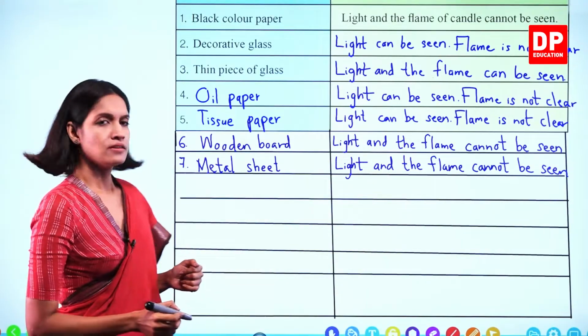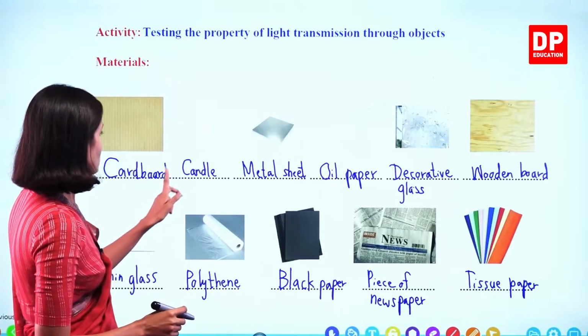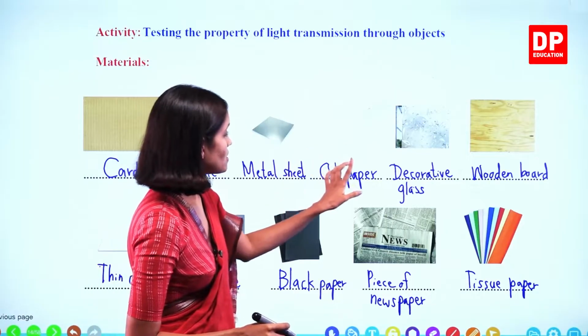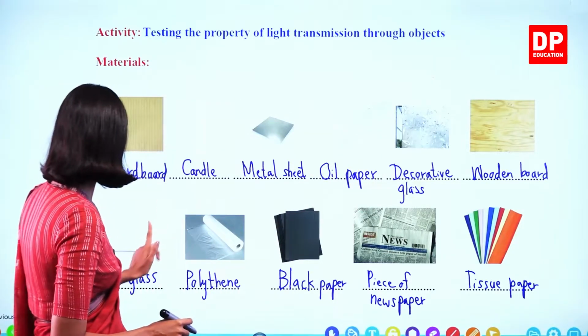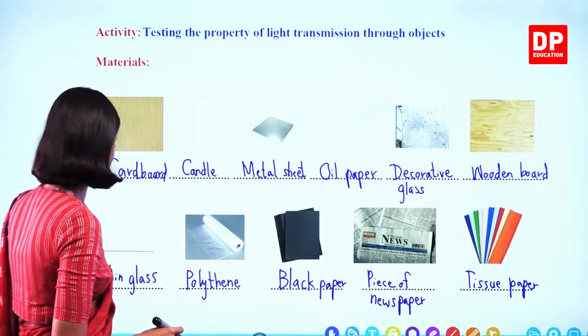Right? So what are the other materials we used? The metal sheet, oil paper, decorative glass, wooden board, thin glass, polythene we used, and the newspaper.